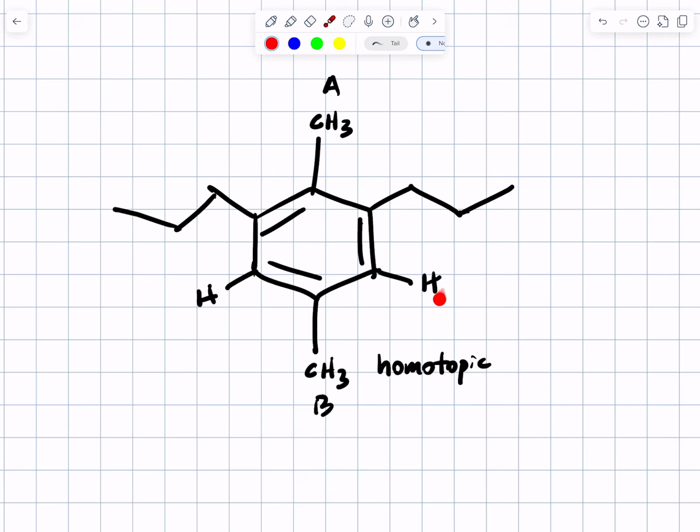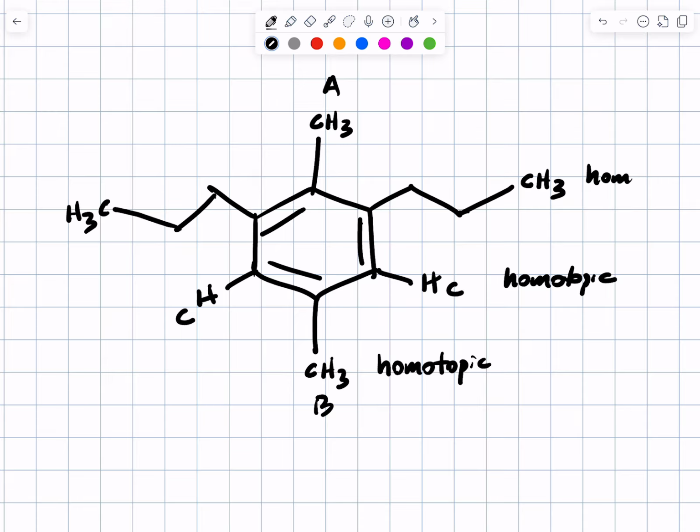If they're interchangeable by the pancake flip, they are homotopic. So they're both protons C, homotopic. Okay. How about these 2 methyl groups? Same or different? Same. What kind of same, rather? Homotopic. Good. All right. You're getting there.